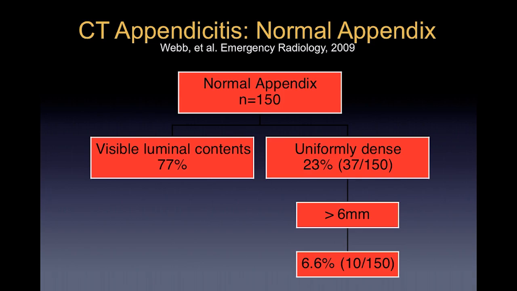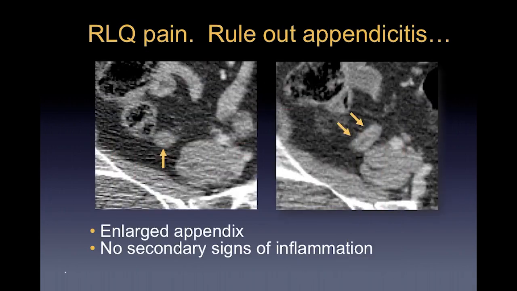So if you used 6 millimeters as your cutoff, you would be wrong amongst these isodense appendices about 6 to 7% of the time. Now that's maybe not the worst statistic in the world, but we don't want to be sending 6 to 7% of people to the OR needlessly when they don't have appendicitis. So we need to come up with another way to deal with these cases.